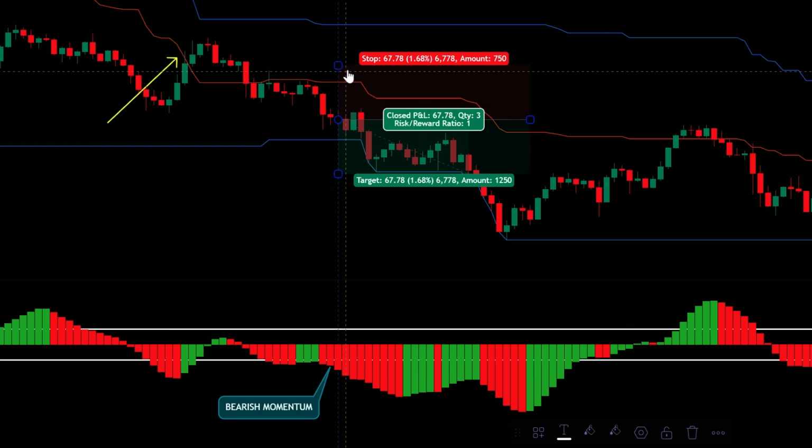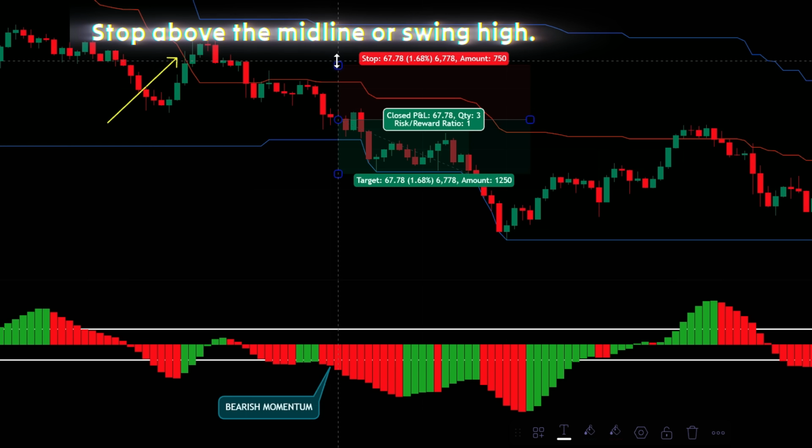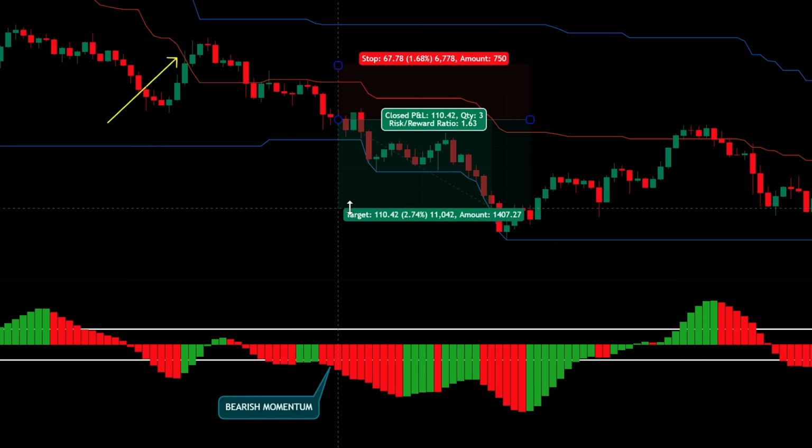A stop above the midline or swing high. Target 1.5 R.